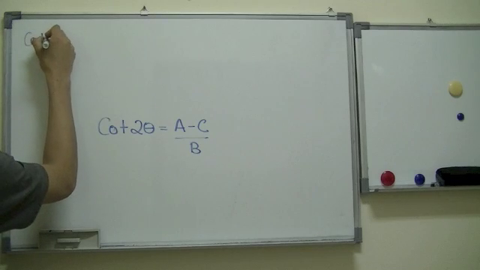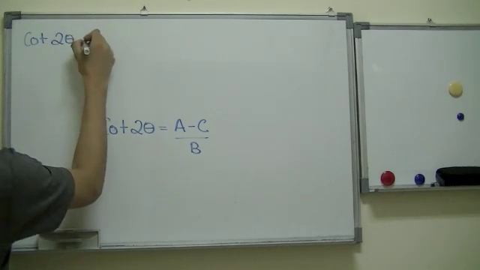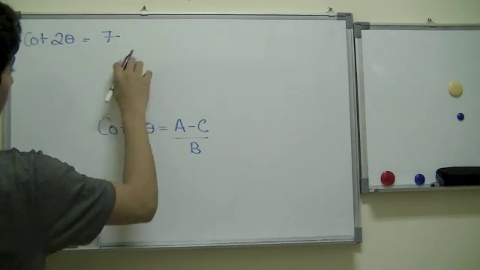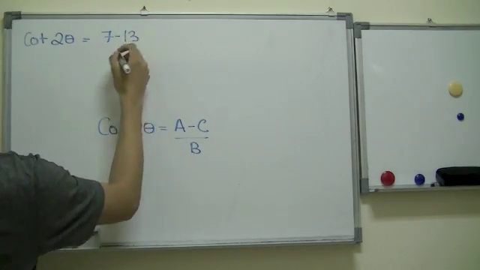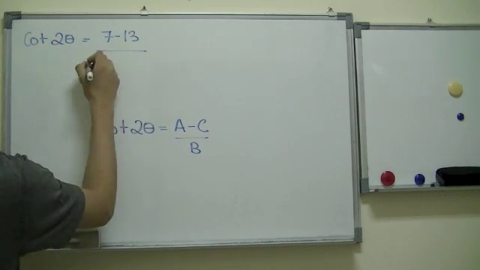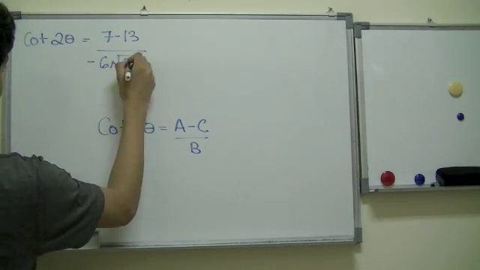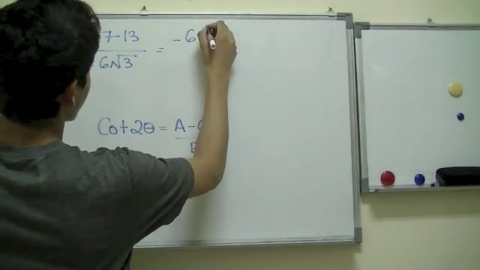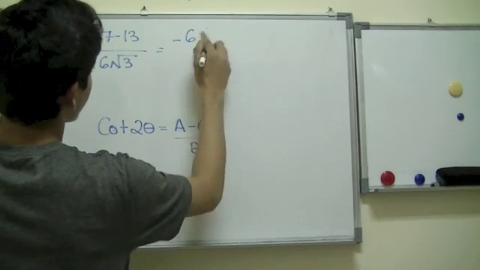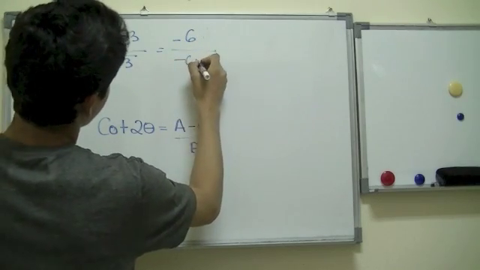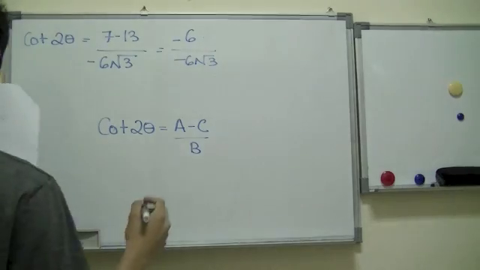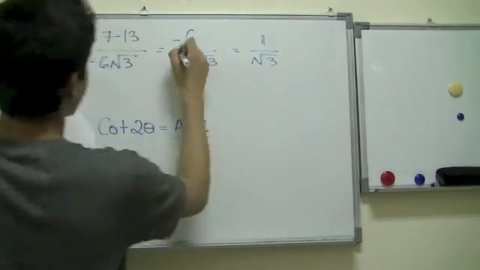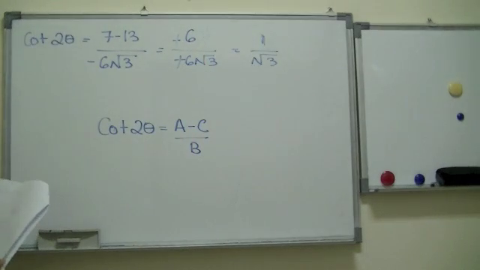So it would be cotangent of 2 theta is equal to 7 minus 13, because 7 was the a value and 13 was the c value, over negative 6 radical 3. That would equal negative 6 over negative 6 radical 3. It would basically be 1 over radical 3, since the negatives cancel each other out.